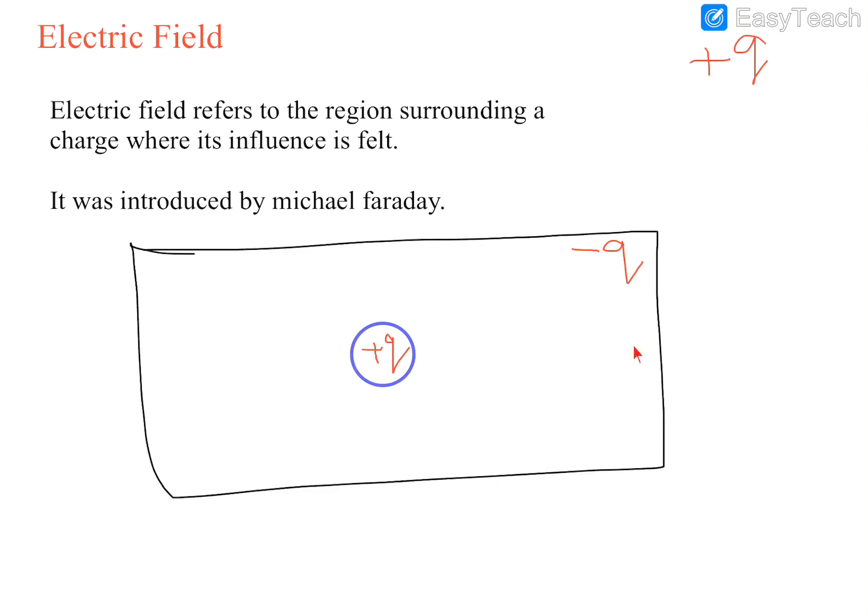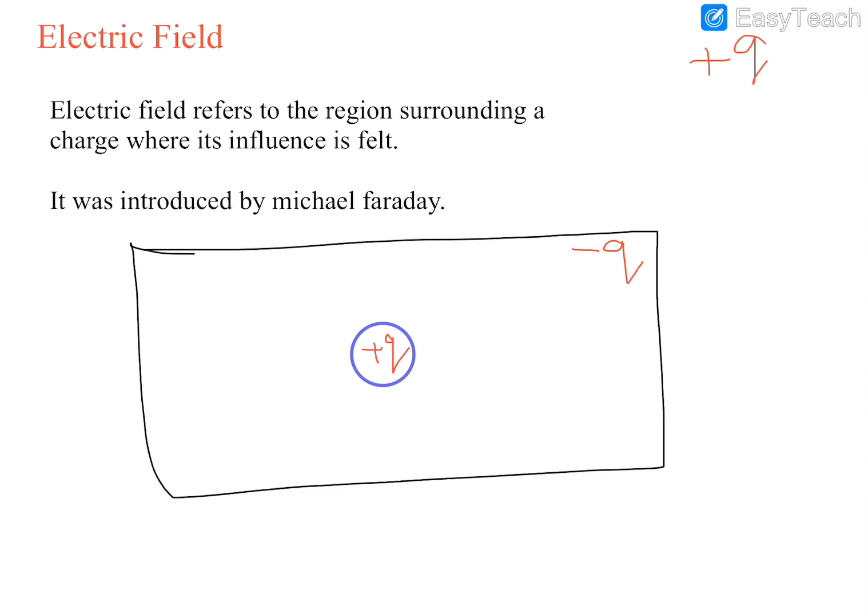Its electric field can only be in this region, so this charge will not exert any force on a charge which is outside the electric field region. So by checking the region where its electric field is extending, you can say whether the charge will exert a force on any other charge or not.